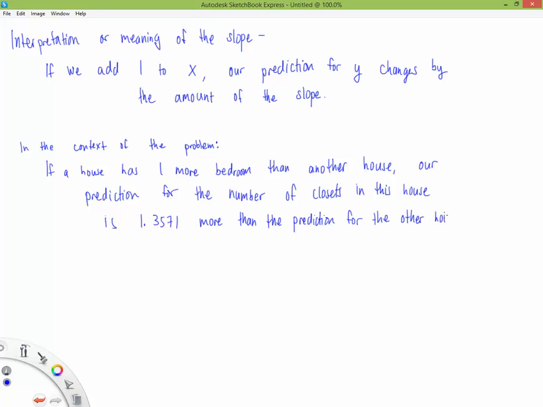So the slope is what goes up. Okay, so the slope is the amount our predictions change, and it's very important that we use the word prediction, because if we compare a house with 4 bedrooms and a house with 5 bedrooms, the difference between the number of closets is not going to be 1.3571, okay? But our prediction for the number of closets changes by 1.3571.